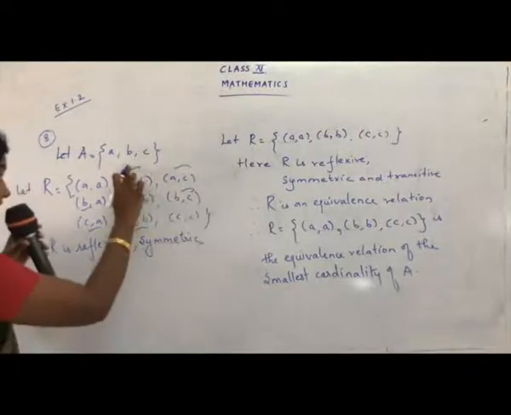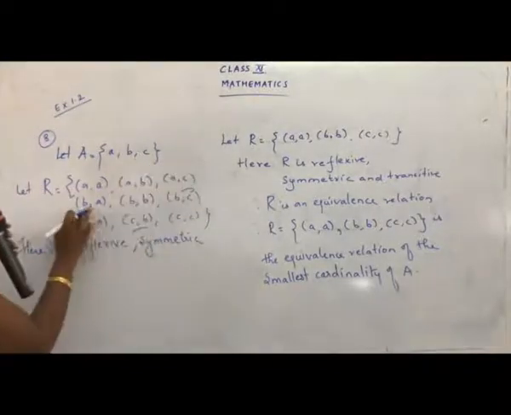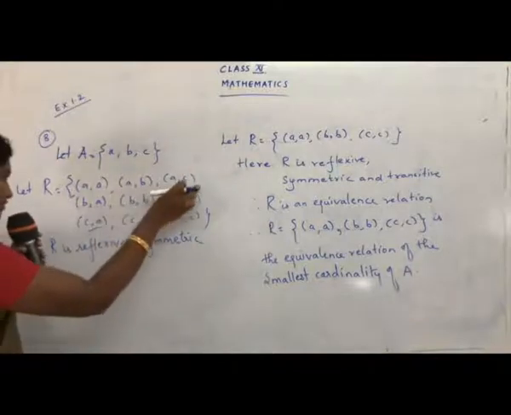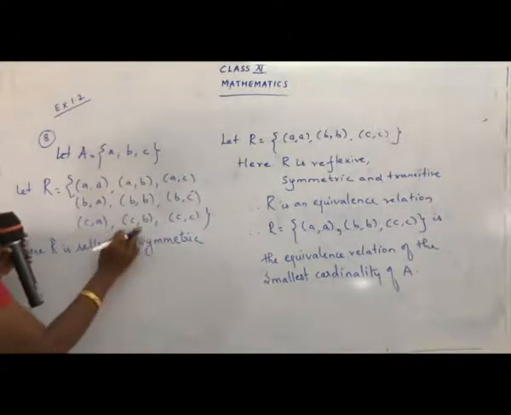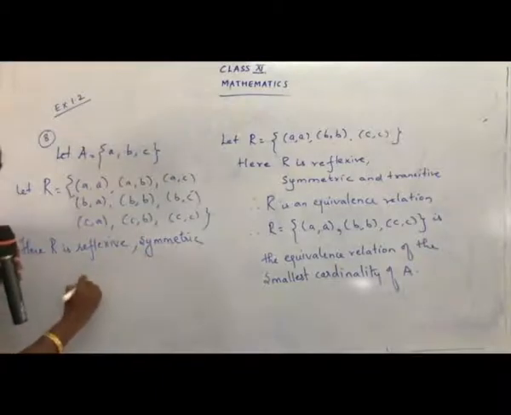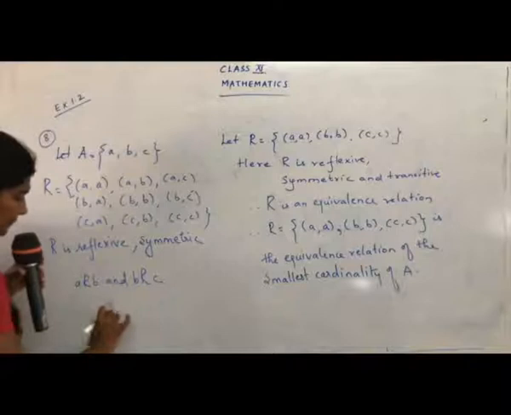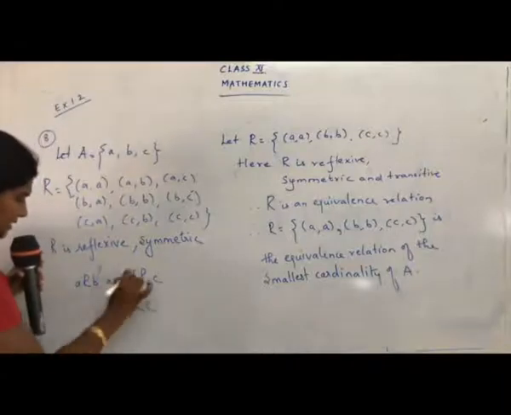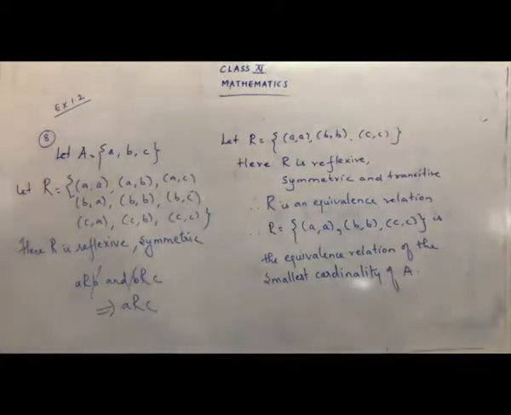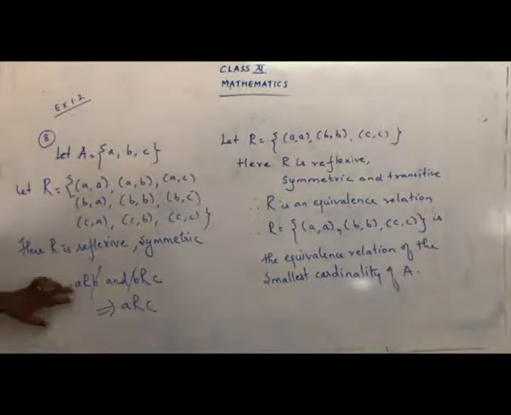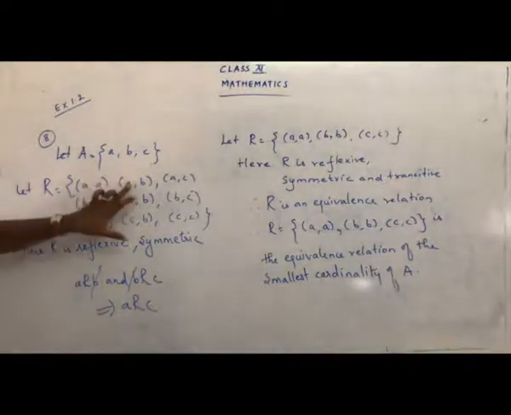And let's check for the third part, transitive. For transitive, how many elements do we have to consider? 3. Yes. So what we have: A related to B and B related to C implies A related to C. So A related to C. Just check whether you have all the pairs. AB, yes.